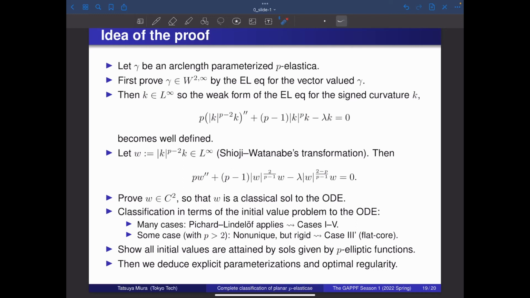This case actually corresponds to the Flat-core case. In this case, we have no standard uniqueness, but we still have some kind of rigidity result by carefully applying the uniqueness theory. Then we can still conclude that this case is given by some kind of Flat-core solution.